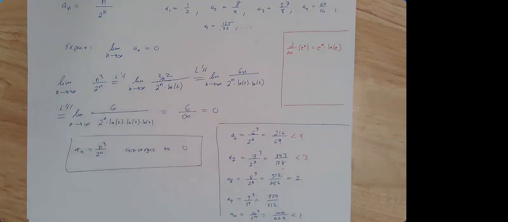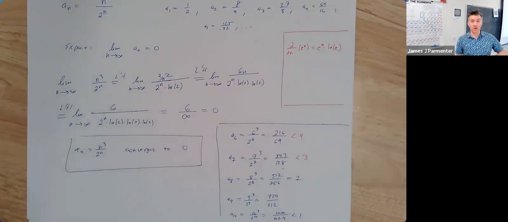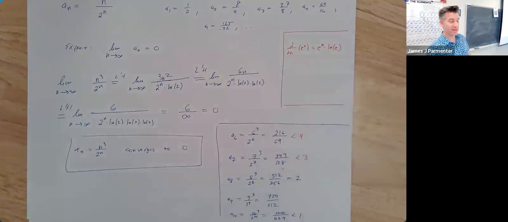Now, when I say the limit is infinity, I am saying a lot of things. I'm saying, yes, I know the limit doesn't exist. And also, I'm telling you a little bit more about the way in which it does not exist. But you're totally right. When the limit is infinity, that means the limit does not exist. For the limit to exist, it has to be a real finite number. Infinity is not.